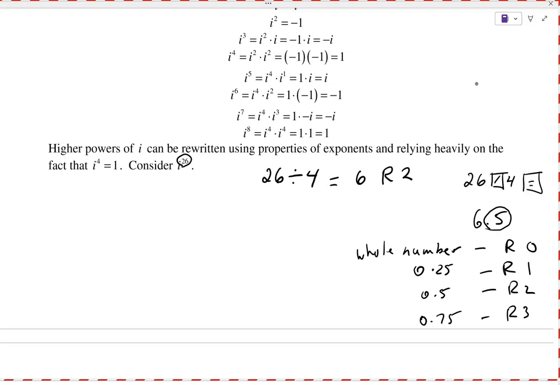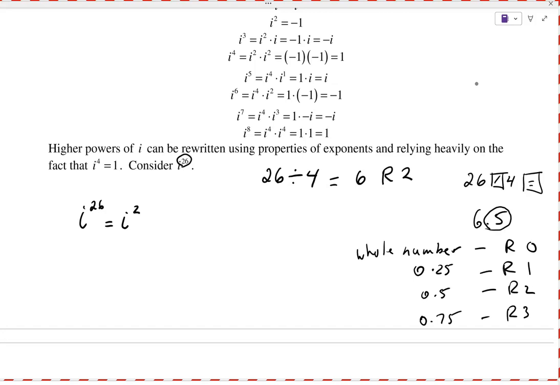So what that tells me is that i to the 26th power is the same thing as i squared. It's the same as the remainder. Because remember, every time I raise i to the 4th power, what do I get? What is i to the 4th power equal to? 1.